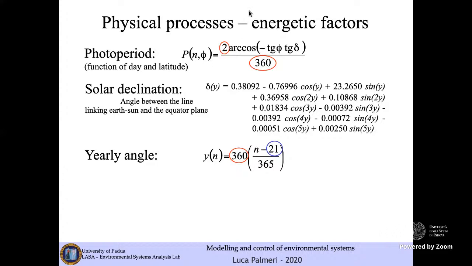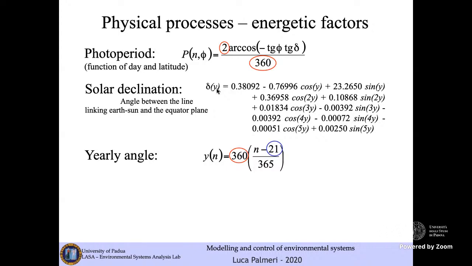The photoperiod may be expressed by astronomical models as a function of a day of a year and of a latitude. So where you are on the planet and when you are making this. So the photoperiod depends on the tangent of the latitude and on the tangent of the solar declination. The solar declination, of course, depends on the day of the year or on the yearly angle epsilon.